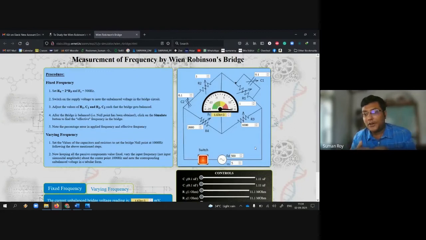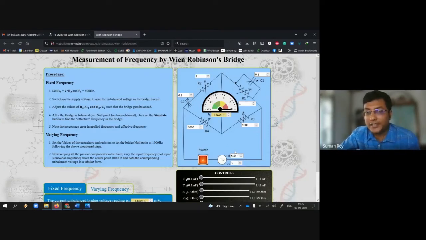If you switch it on, we will see a sharp deflection in the galvanometer. Now we have to make this bridge balance condition, that means in the galvanometer we are expected to get the null position, right? So how to do that?